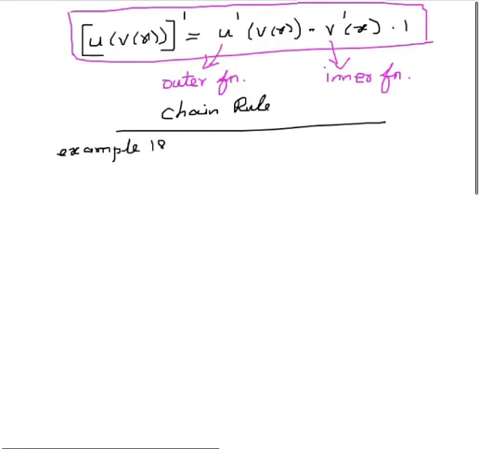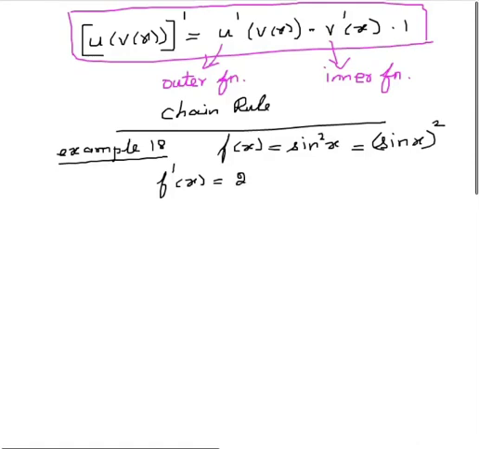See example 18. f of x is given as sine square x. It can be taken as sin x into sin x and you can use the product rule, or let us differentiate directly using chain rule. This is sin x whole power 2. So the outermost function is that square function.